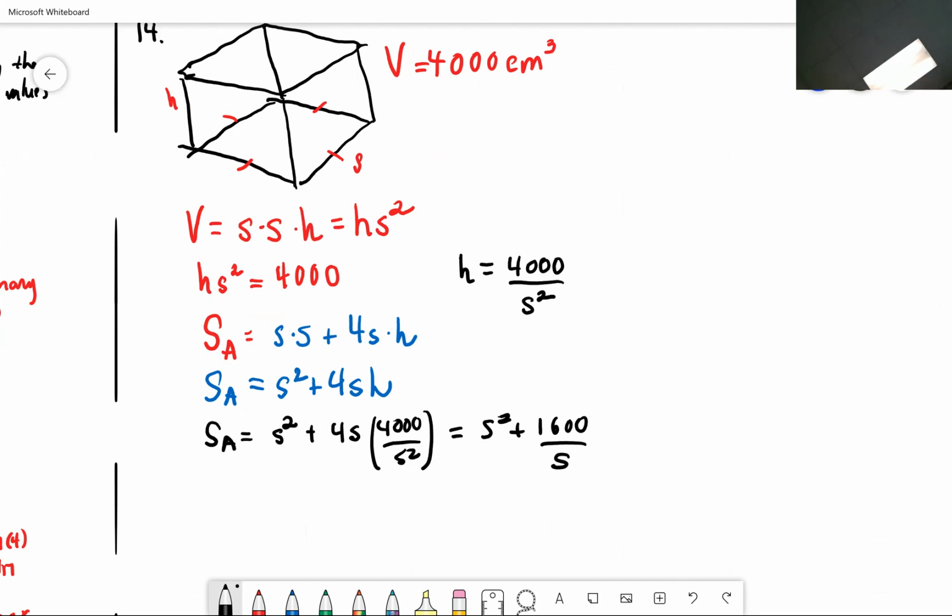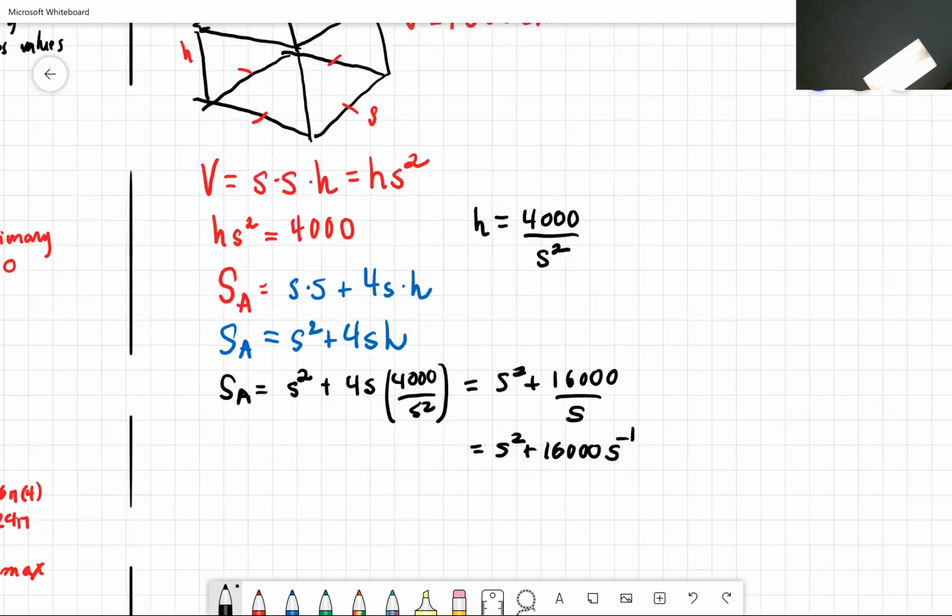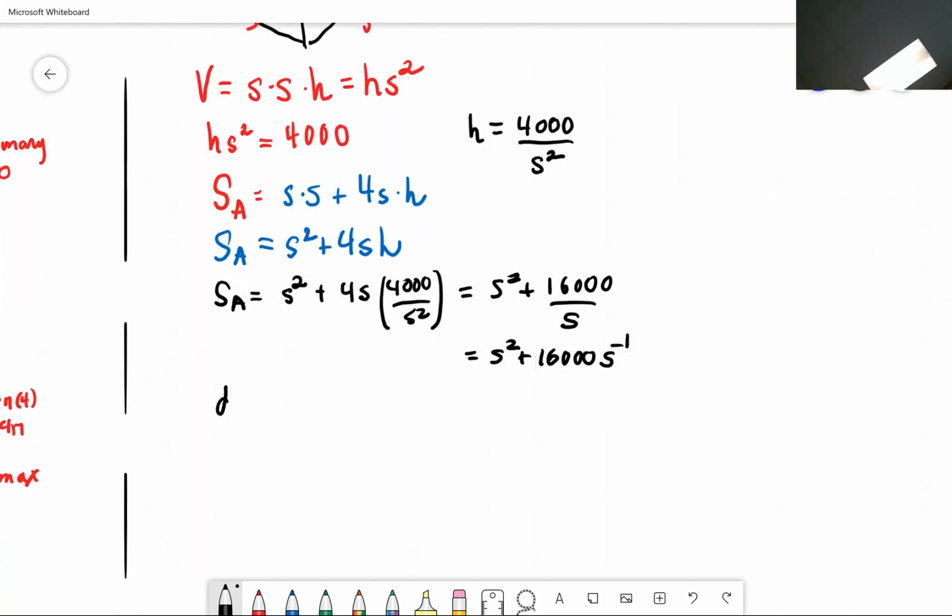So you may write this as S squared plus 16,000 S to the negative 1, because we don't have the tools yet to figure out the derivative another way besides the power rule. So now dA over dS equals 2S minus 16,000 S to the negative 2.